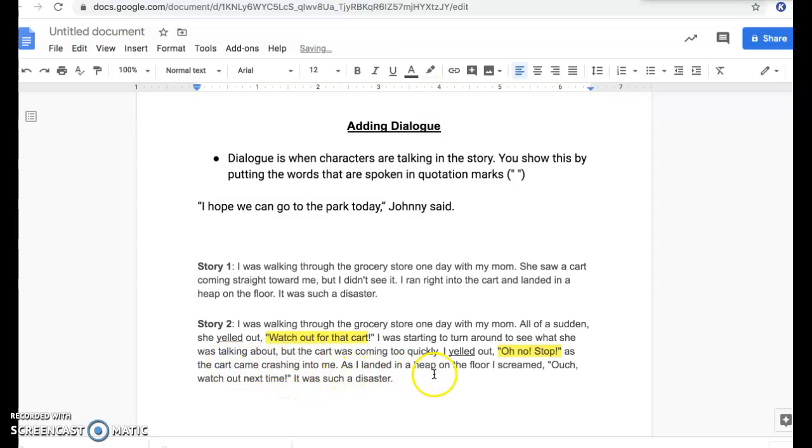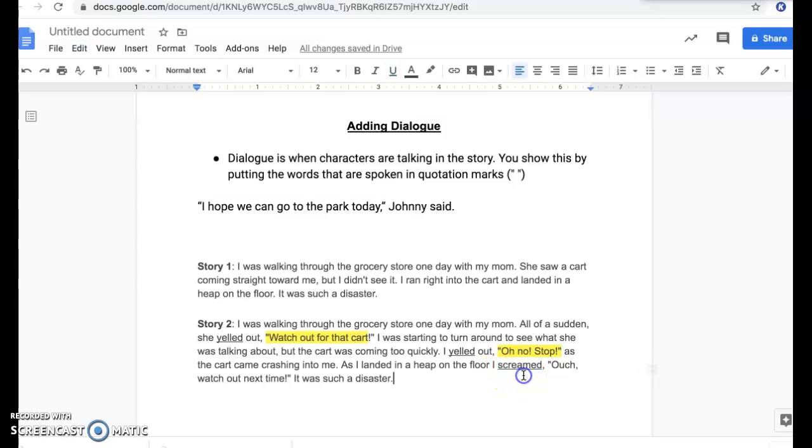As I landed in a heap on the floor, I screamed. So screamed tells you again how the character is feeling. If the narrator just said I said ouch, watch out next time, that wouldn't really show the reader how the narrator is feeling.